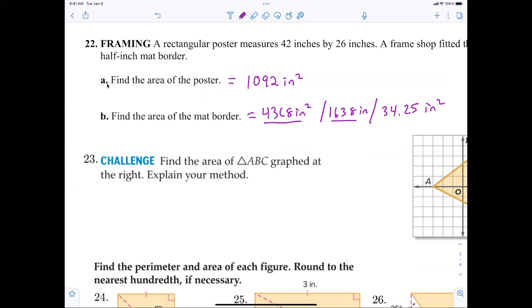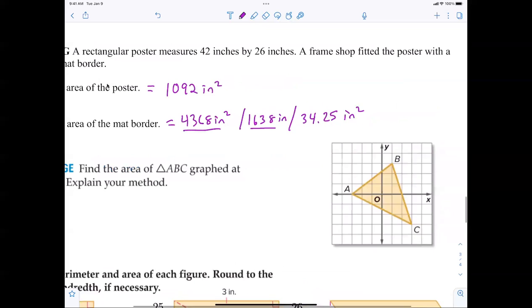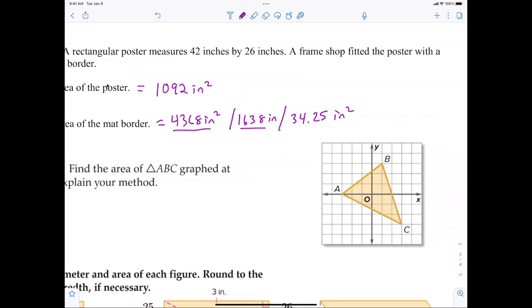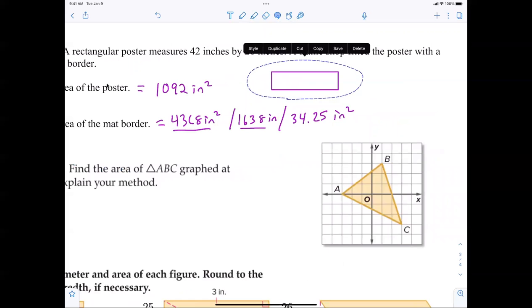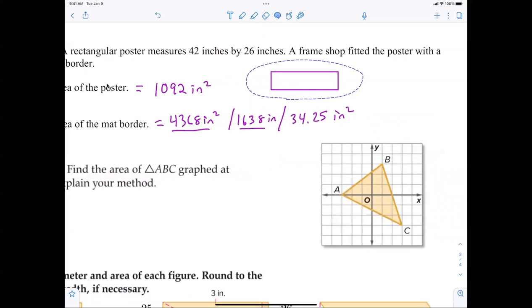True. So if you want to think of it, if this is your 42 by 26, there's your border.